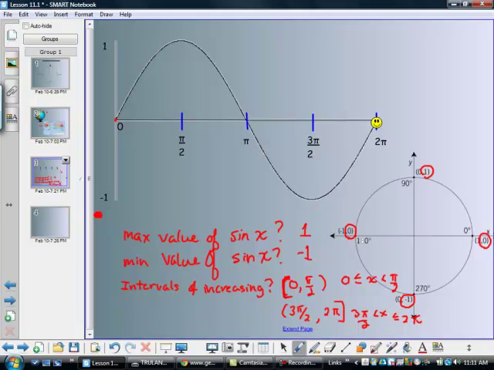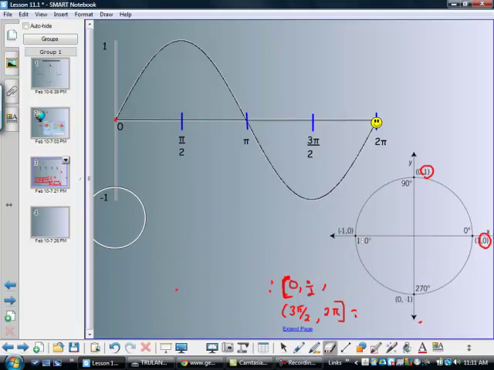And likewise, we could ask you intervals of decreasing. And that's the fun part. So let's put Mr. Smiley Face back at the beginning. So here he's increasing, he gets to his max, and woo, that's where he's decreasing.